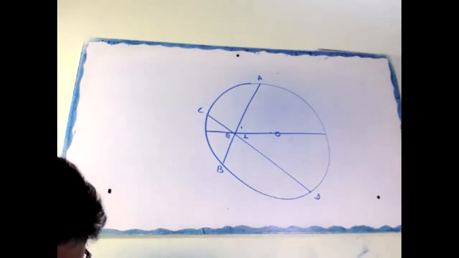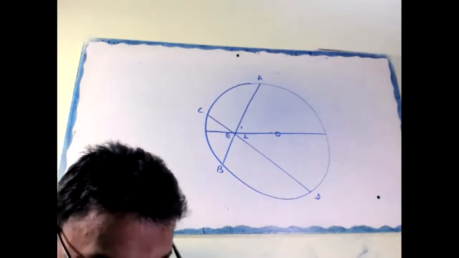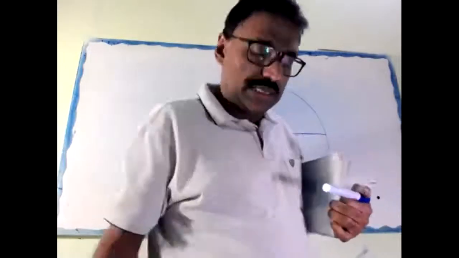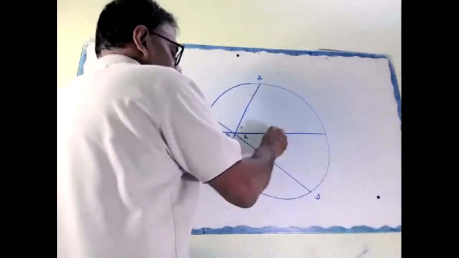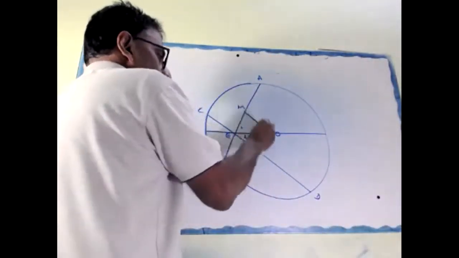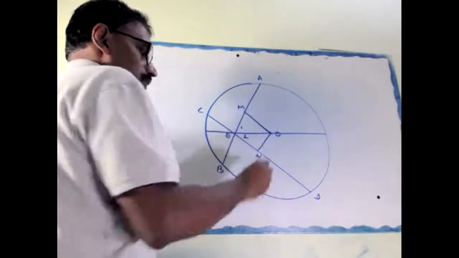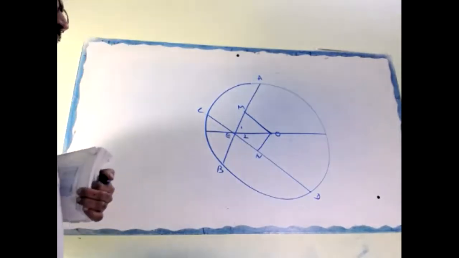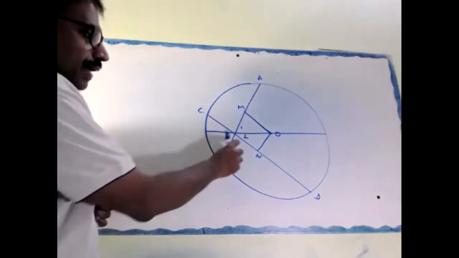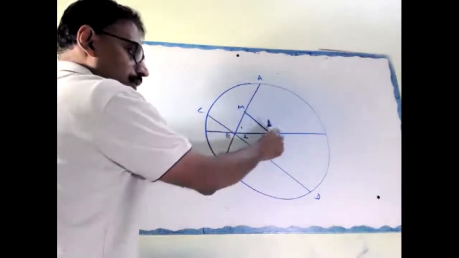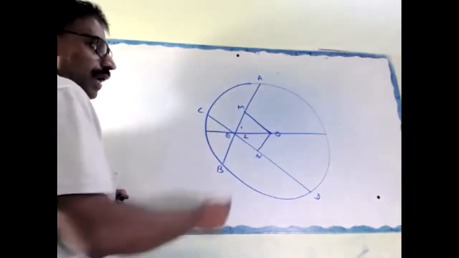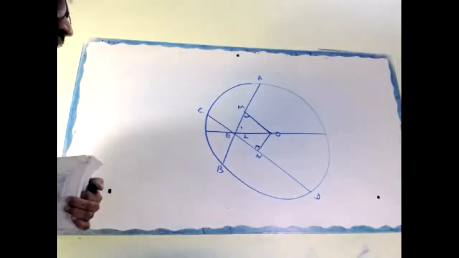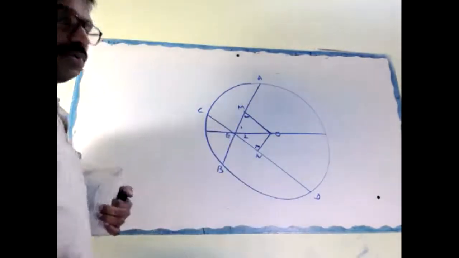Don't look at the proof in the reader. Listen here, I will also make it easy. Construction: draw OM and ON perpendicular. Then proof: in triangles OME and ONE, angle M equal to angle N, 90 degrees by construction. Angle 1 equal to angle 2, given.